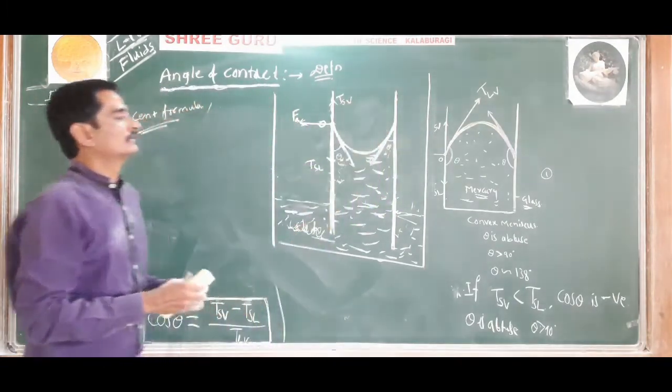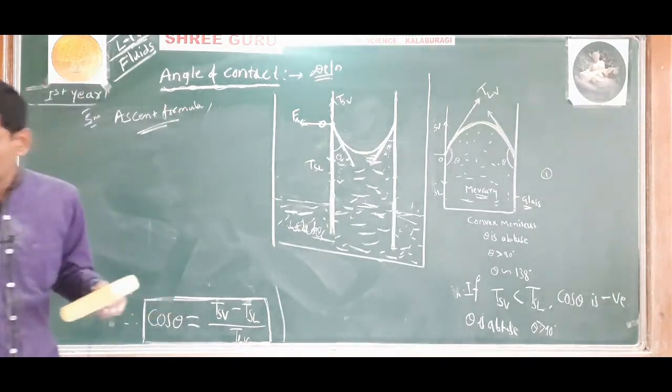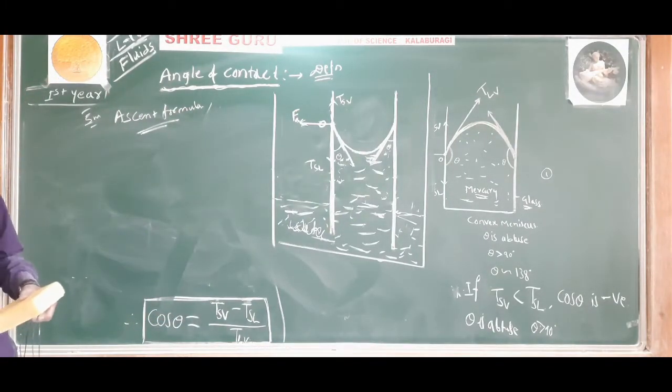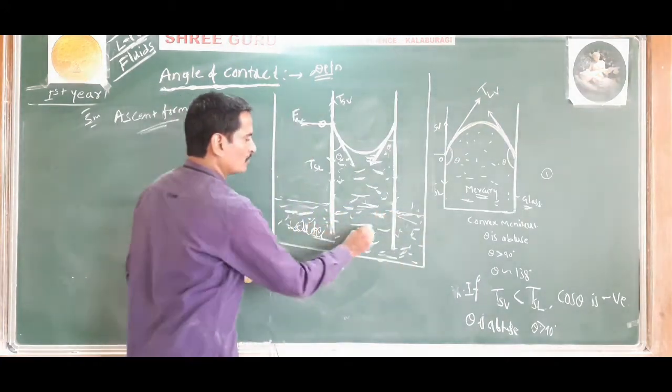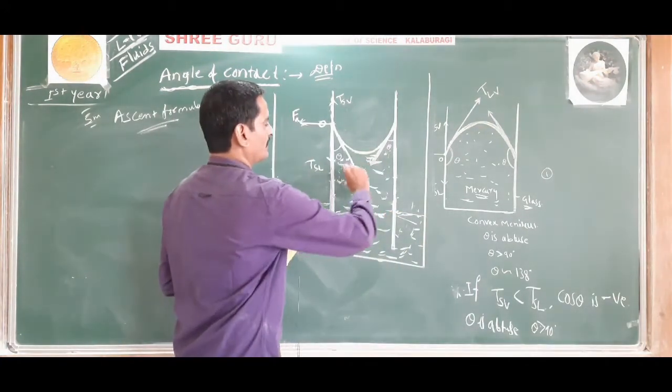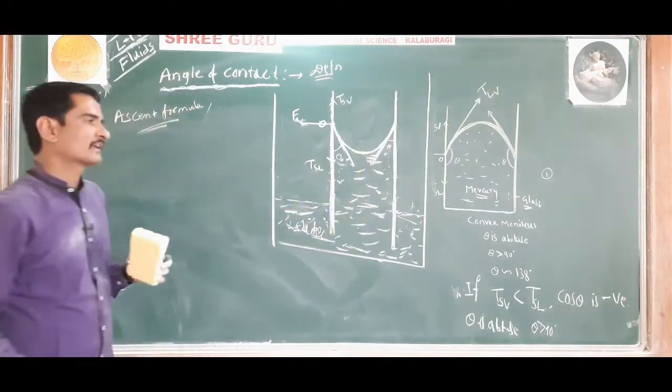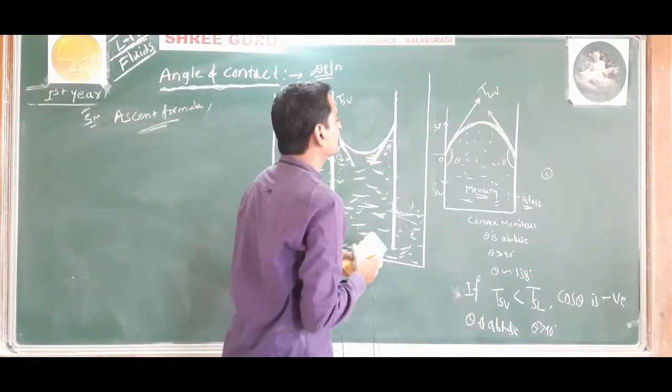Okay, so now let us derive the ascent formula. This is the level of the water, and this is the height the liquid has risen inside the capillary tube.